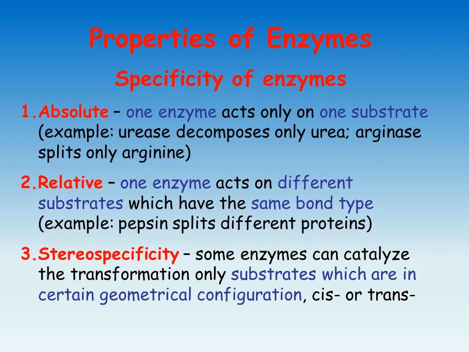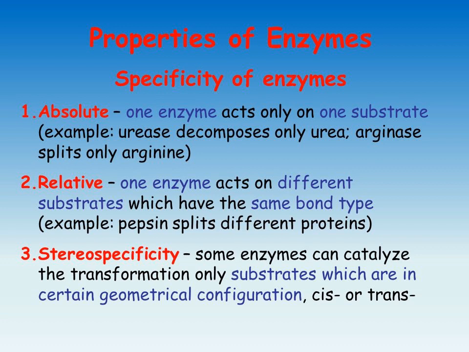See, certain enzymes can act on different substrates, but the basic structure of those substrates, or the bond the enzyme is going to break, is the same. For example, proteins are made up of amino acids. Amino acids combine with each other to form a polymer called peptide.